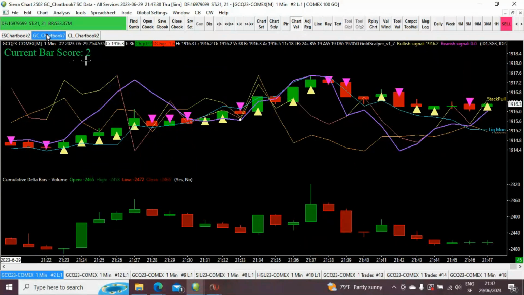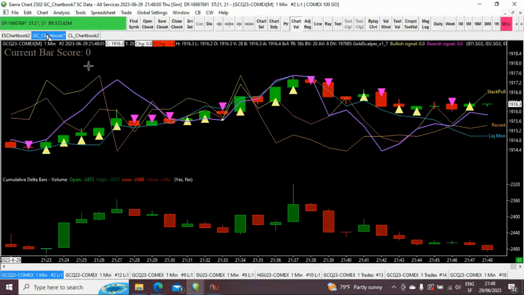You can see in the top left here, it's busy calculating a score as things change. Current bar score is 2. It can be in a range between -8, which is obviously a very bearish score, and +8. So the higher the value, the more bullish it is, and the lower the negative value, the more bearish it is. You can set in the indicator itself the minimum level at which you want to see a signal appear. You'll see that most bars are getting a signal here.